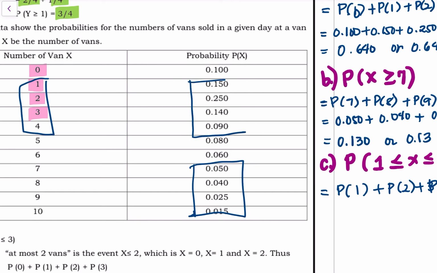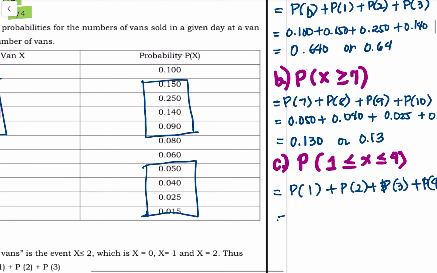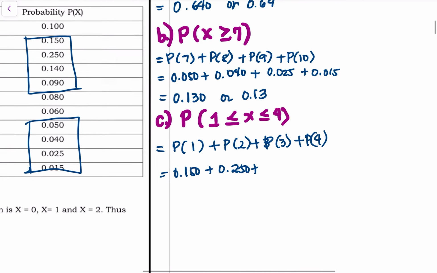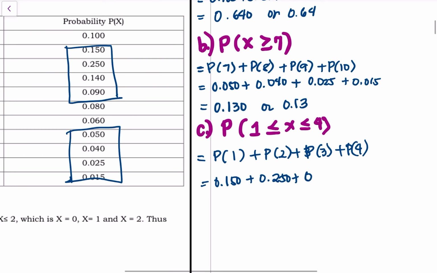So, we have 0.150 plus 0.250 plus 0.140 plus 0.090. And that is 150 plus 250, 400 plus 140, that is 540 plus 90, that is 0.630 or simply 0.63.